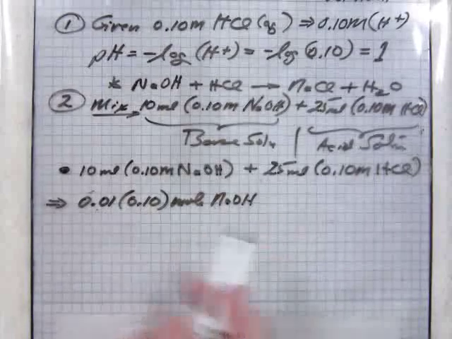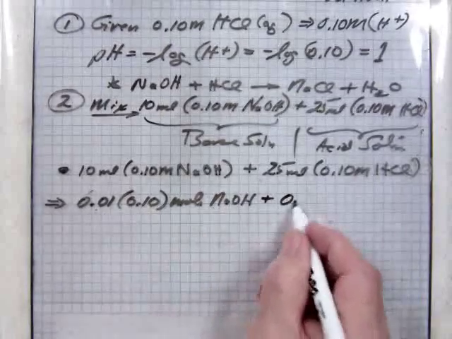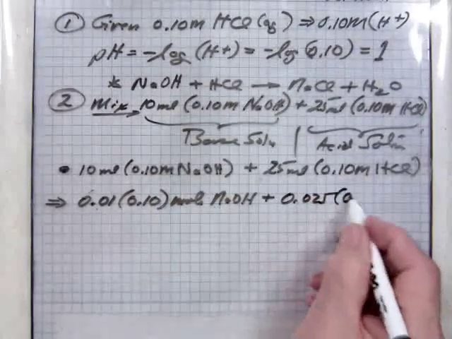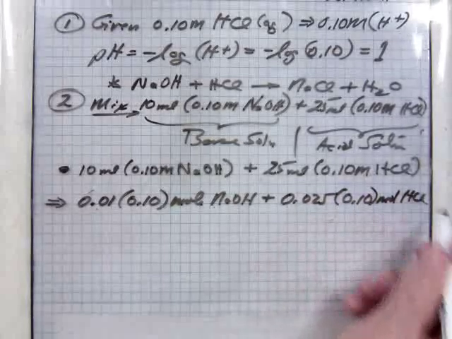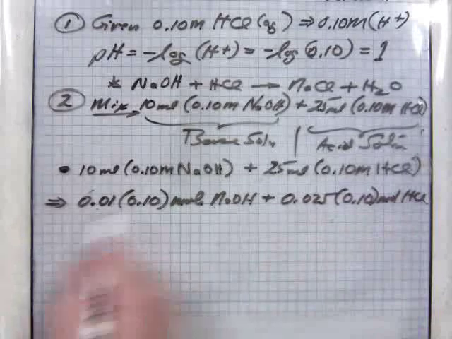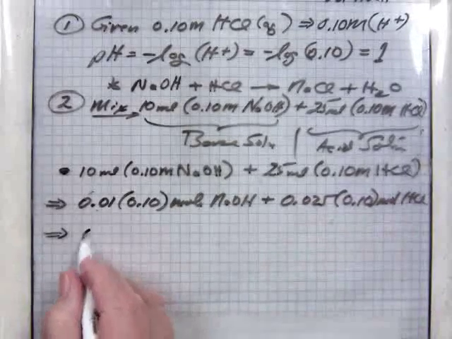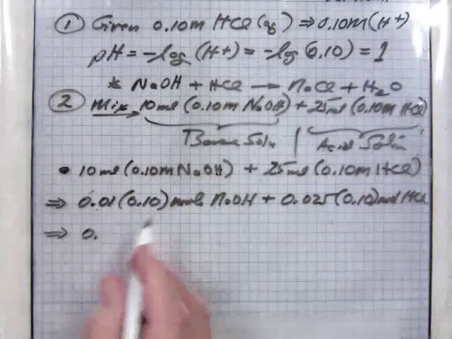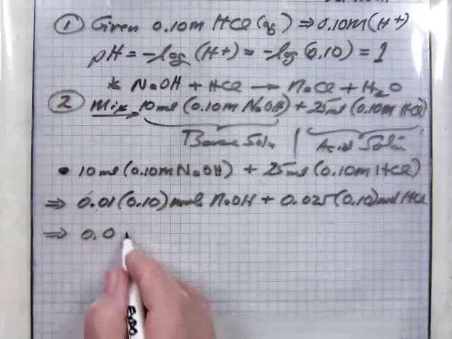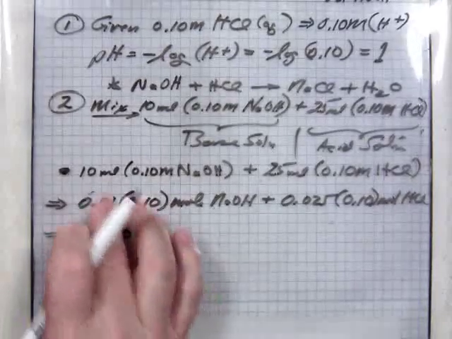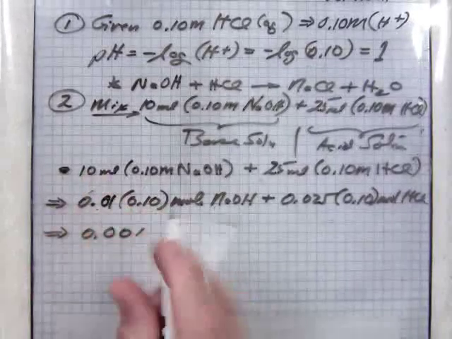Molarity times volume, plus 0.025 times 0.10 mole of the HCl. Now you can convert that. I'm going to do 10 milliliters, 0.1, right?